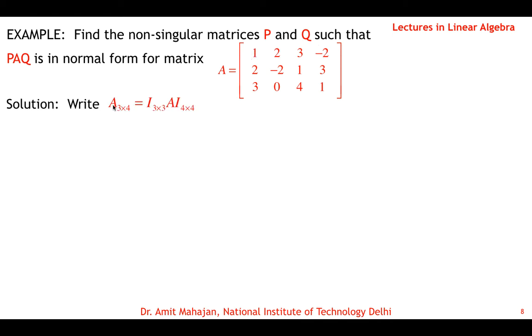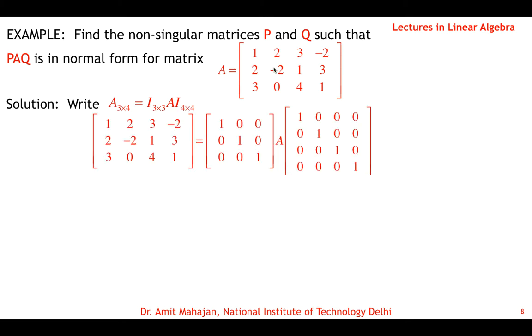Okay, so we start with writing A is a 3 by 4 matrix, so we have to write IAI, but the first identity matrix is 3 by 3 and the second identity matrix is 4 by 4. Okay, so now we can write this A matrix on the left hand side and on the right hand side the 3 by 3 identity matrix times A times the 4 by 4 identity matrix.